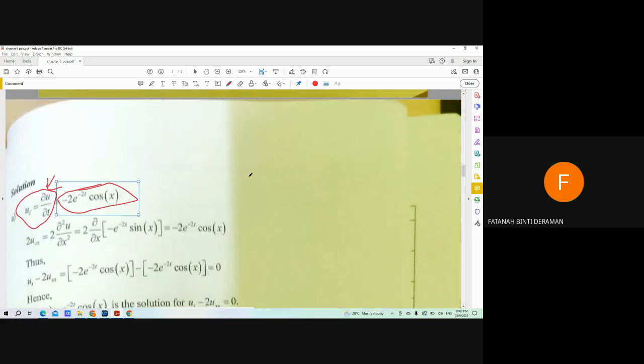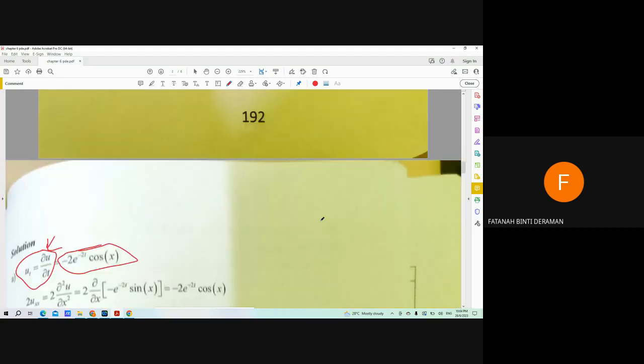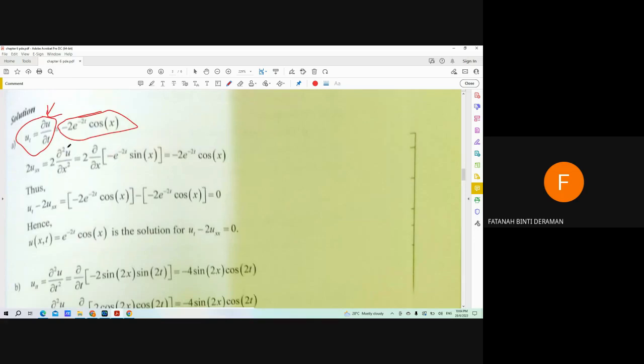And then we need another term, which is u_xx here. What is u_xx? So u_xx is the second partial derivative, d squared u over dx squared.